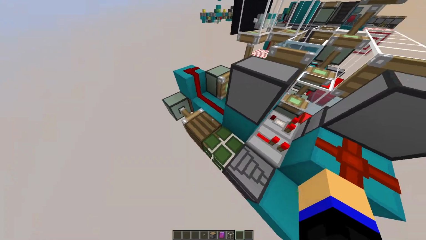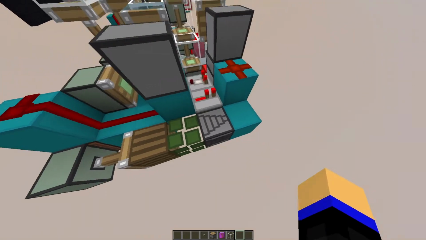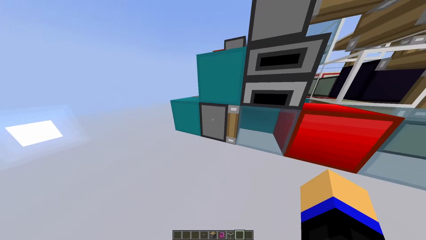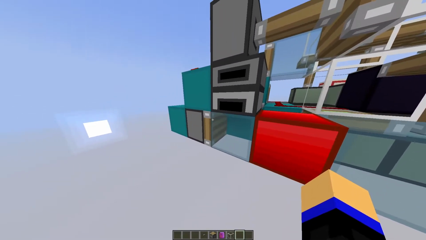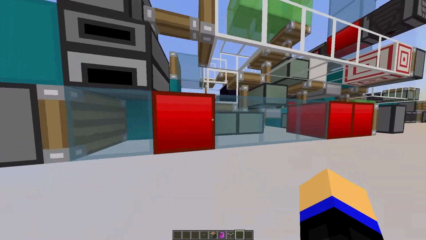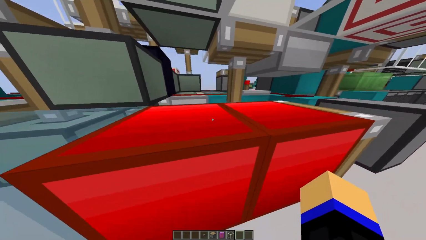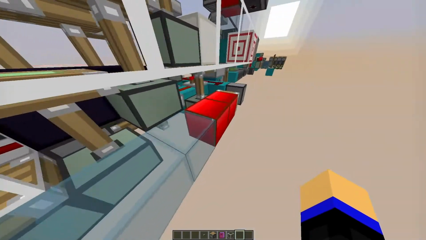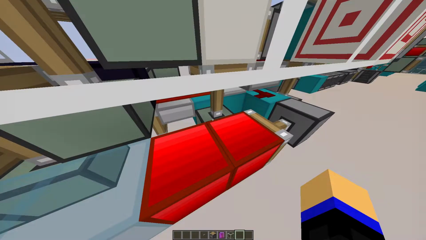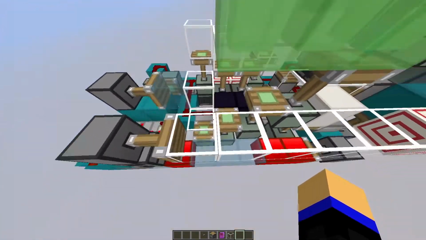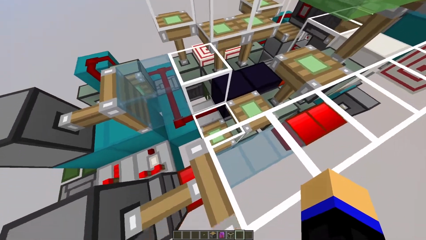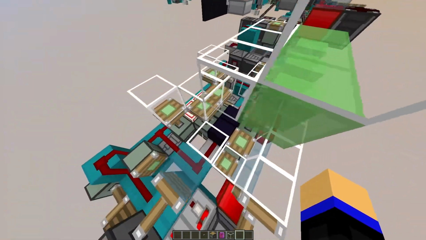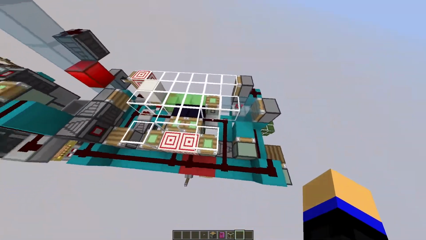But we opted for this log and leaf and then observer setup to make it such that this slider pushes at 3 game ticks or 1.5 ticks, and then this would push such that this redstone block and this redstone block would reach this piston and this piston, so that they both extend at 3 ticks, and they push the block upwards such that the blocks would arrive at 0.45 seconds, which matches with this block. So it's quite nice to see.